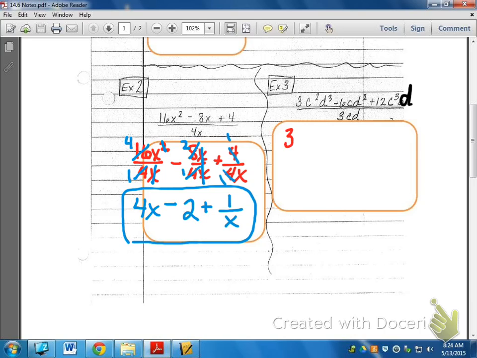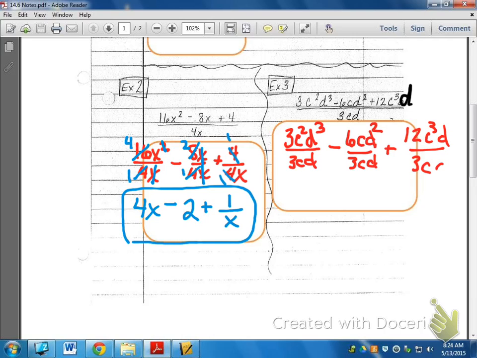So 3c squared d cubed over 3cd minus 6cd squared over 3cd plus 12c cubed d over 3cd. So you start out every time by taking every term in the polynomial and write it over the monomial.